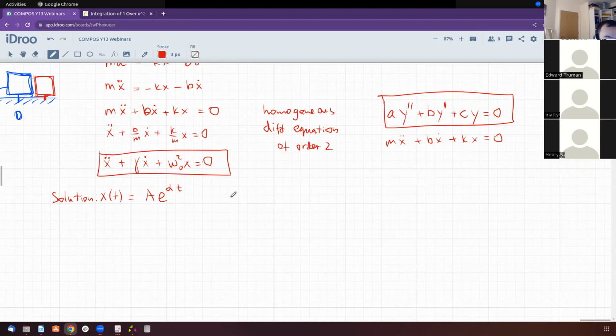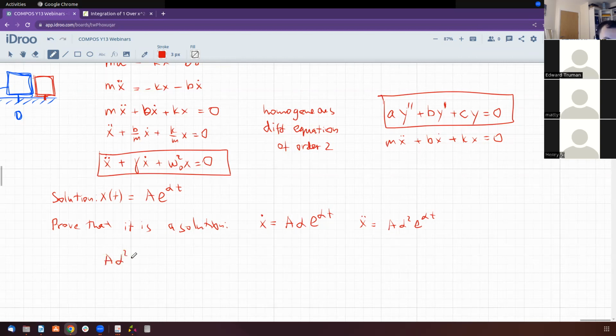How do we prove that? Well, let's prove that it is a solution. What you do is you find x dot, which is a alpha e^(alpha t), and x double dot is a alpha squared e^(alpha t). So you plug that in.